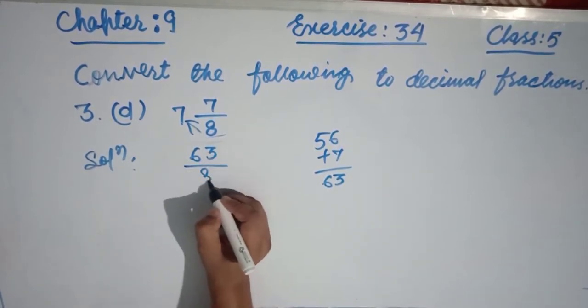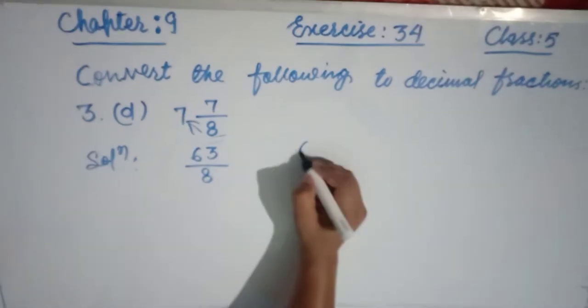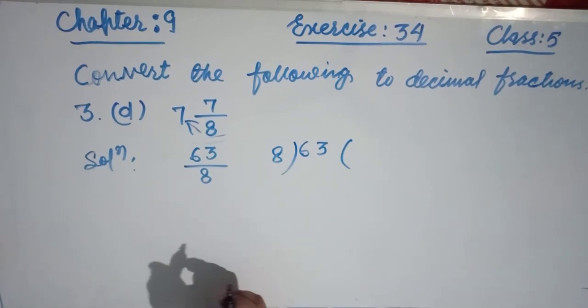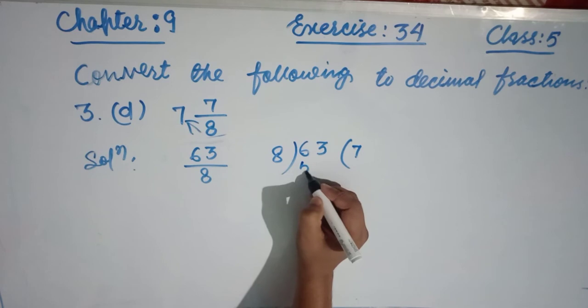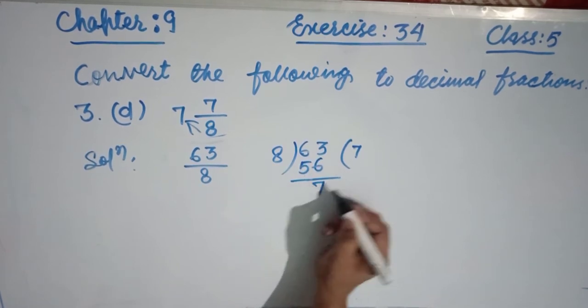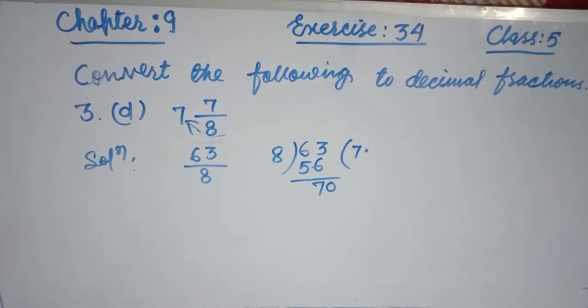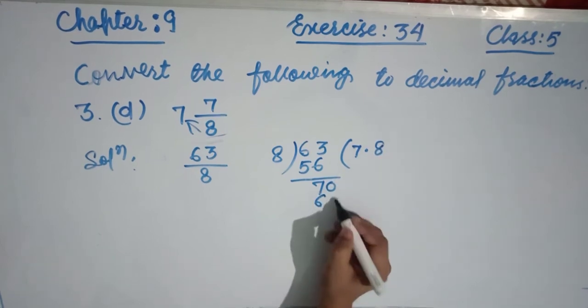63 divided by 8. Now divide, because we are going to change into a decimal fraction. Divide 63 by 8. So how many times? 8 sevens are 56, and now 7 is the balance. So here is the point, here is 0. Once again divide, 8 eights are 64.